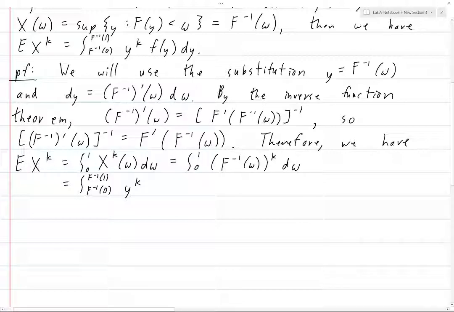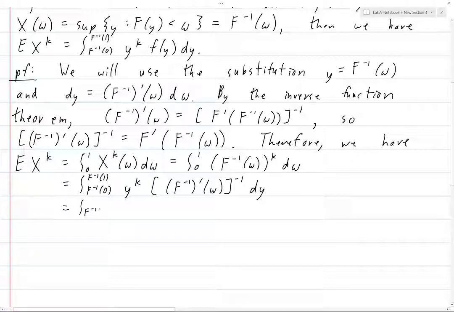Remember, d omega is F inverse prime omega 1 over this dy. You take this equation for dy and move the one thing over to the other side, and so we've figured out how to deal with this thing.